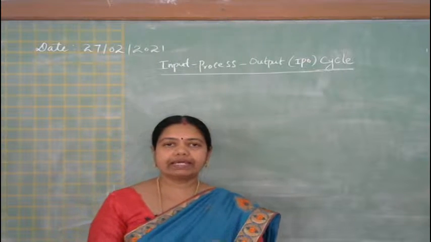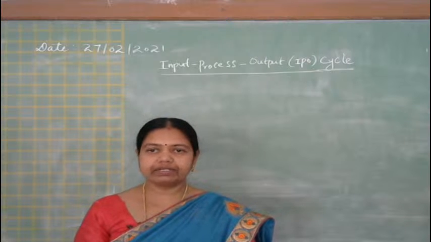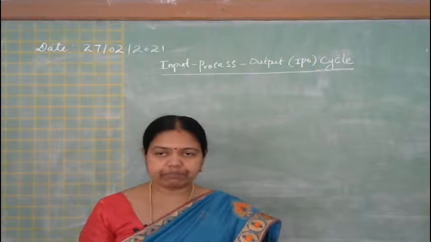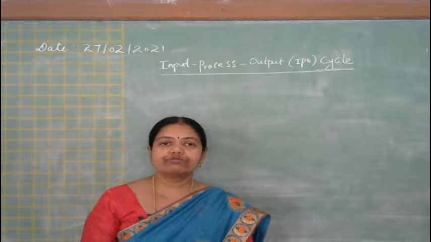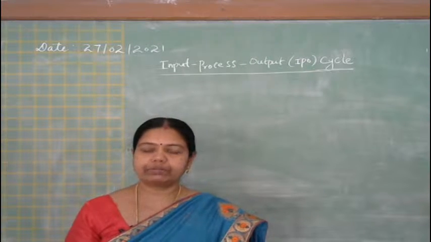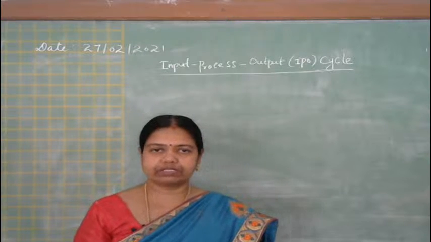In the previous class, we discussed what a computer is, what the characteristics of the computer are, and what the uses of the computer are. These three topics we have discussed.